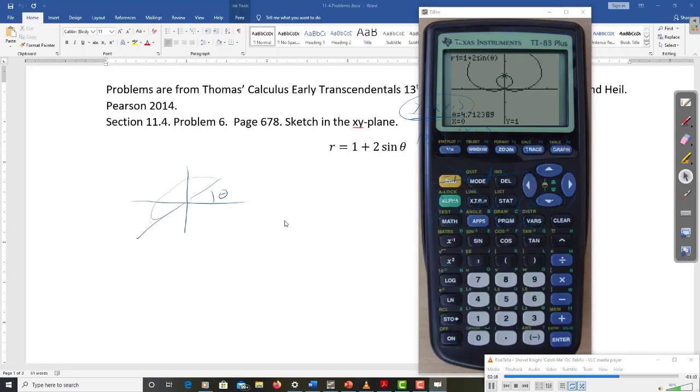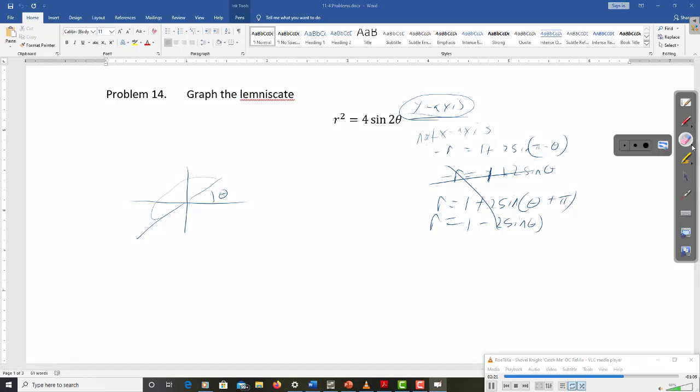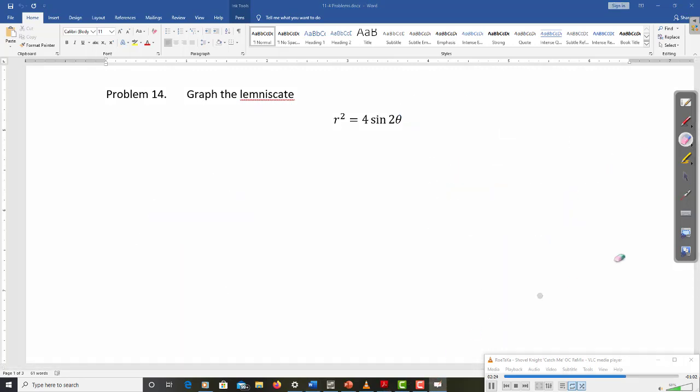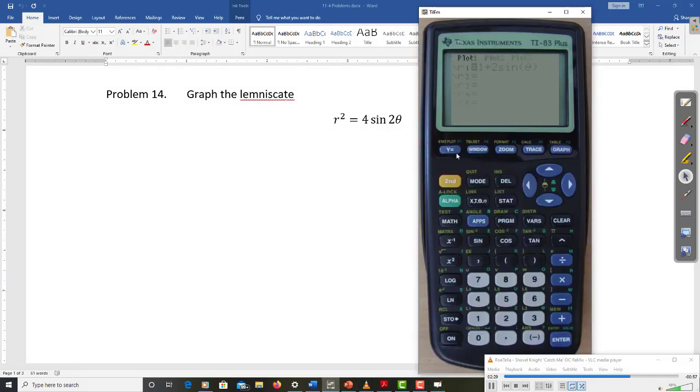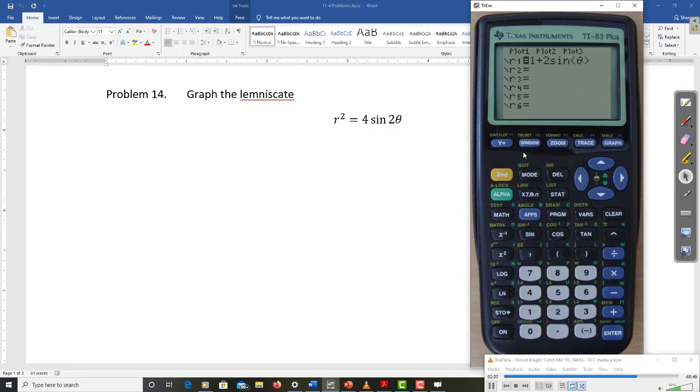Let's look at another one. Just going to graph this lemniscate. There are a lot of neat shapes in polar coordinates. So let's look at, first off, my window. 0 to 2 pi, that's fine. As far as graphing this one, since it's r squared, I really need to square root it, so 2 square root sine 2 theta.